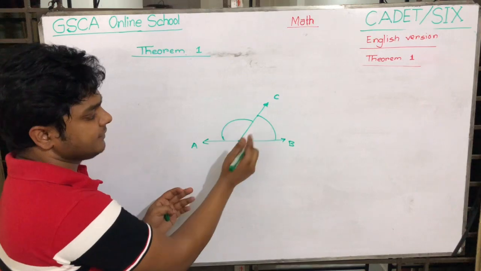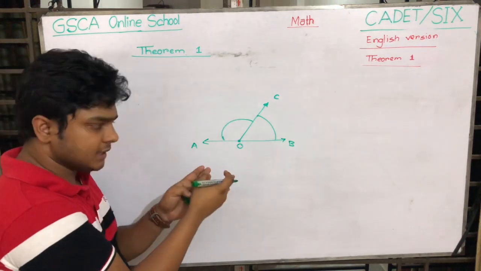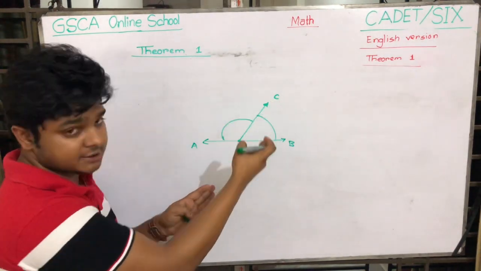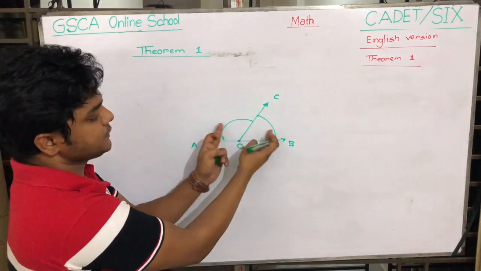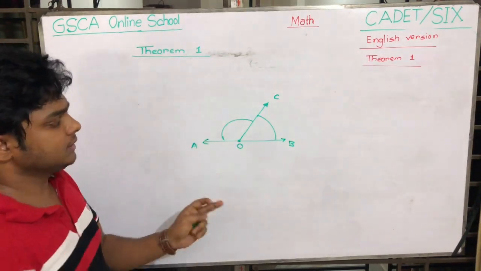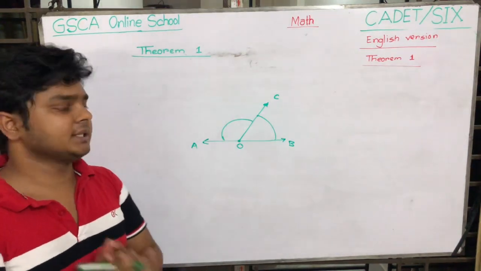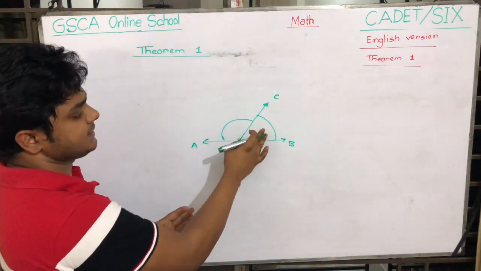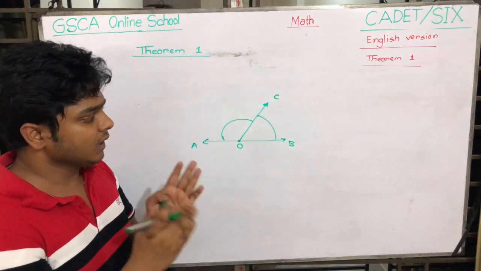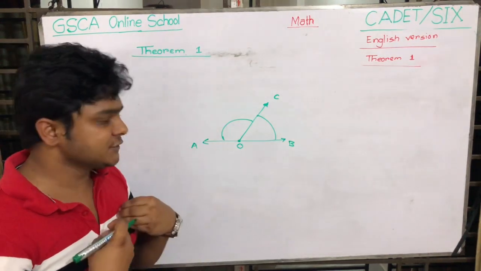If two angles have a common vertex and a common side and lie next to each other, they are called adjacent angles. So these two angles are adjacent. This is what Theorem 1 tells us.